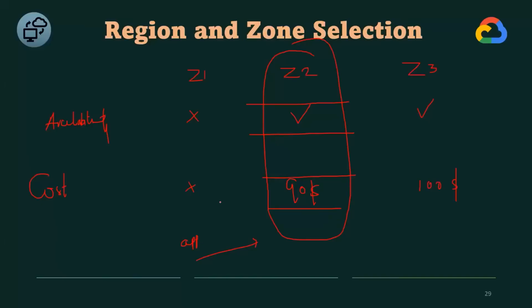When we look at zone 2 here, the resource is available and the cost is also comparatively cost effective. So I am deploying my application and storing the data on top of zone 2. So this is our selection criteria too.